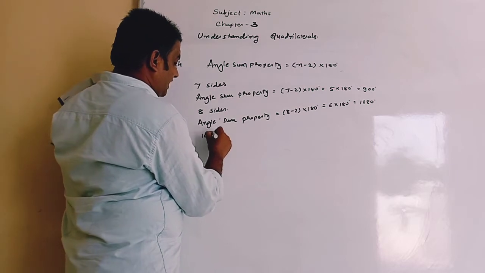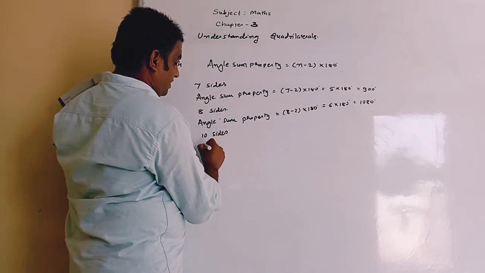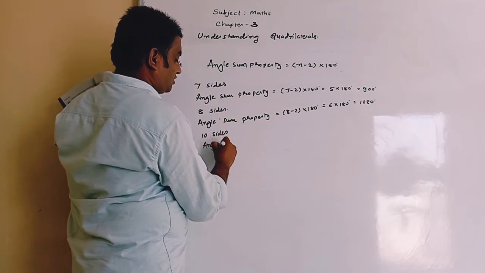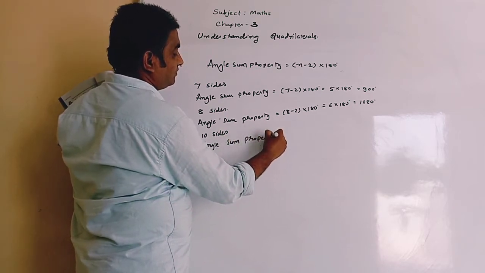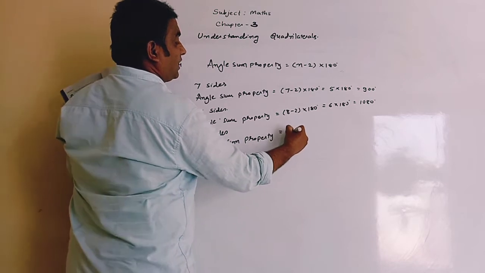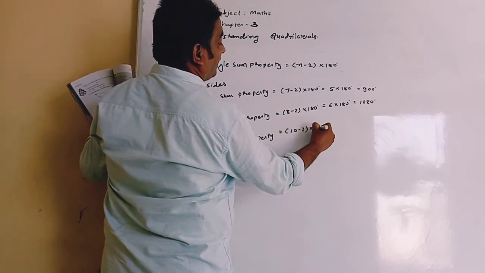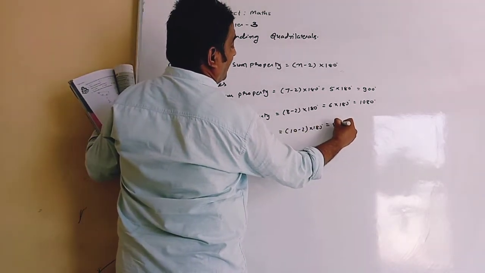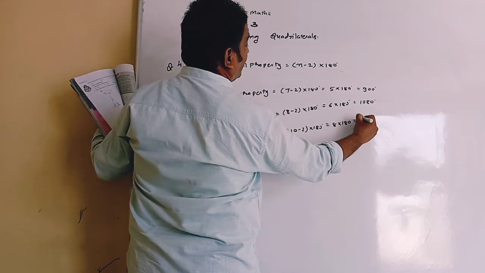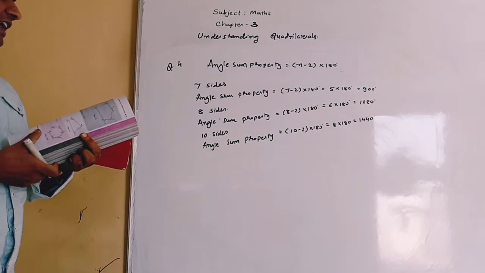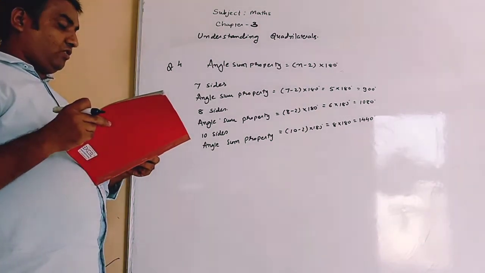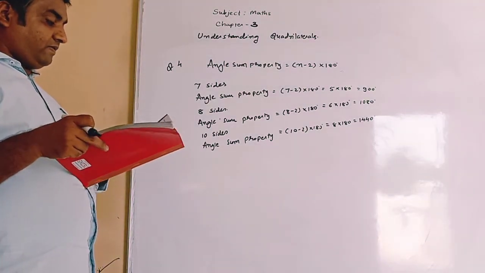Now for 10 sides we can take the angle sum property equal to 10 minus 2 into 180. And so it is 8 into 180, that is 18 8s are 144, so 1440. And for n sides, you can write n minus 2 into 180.